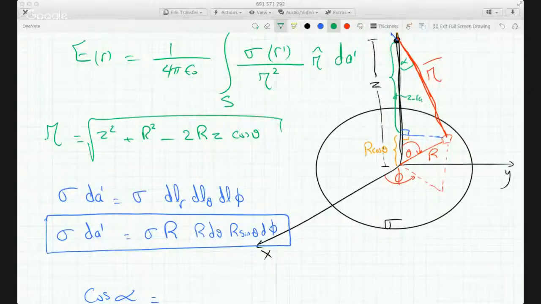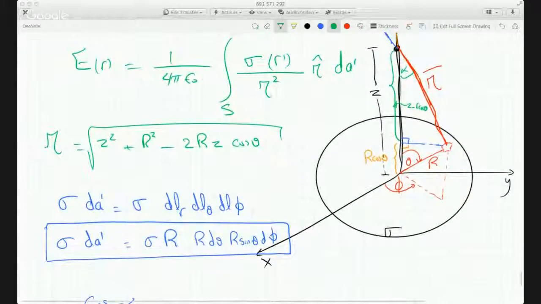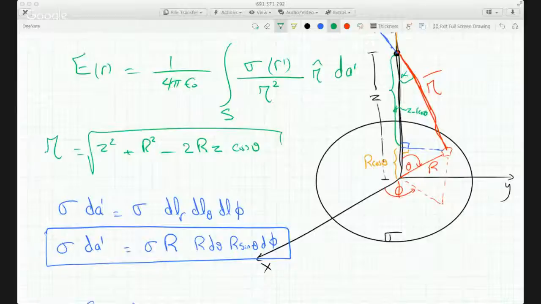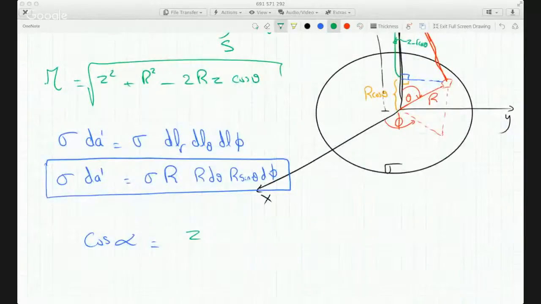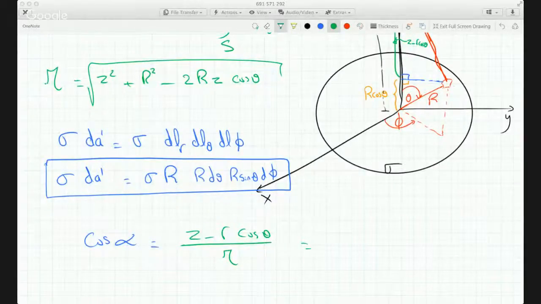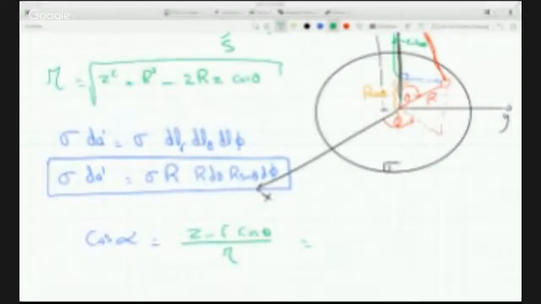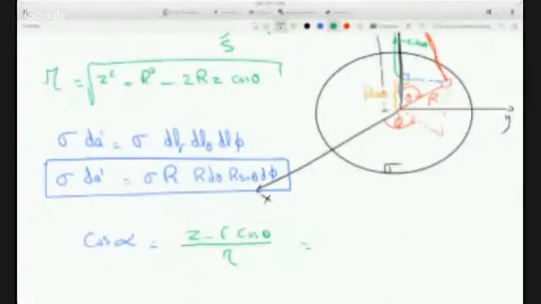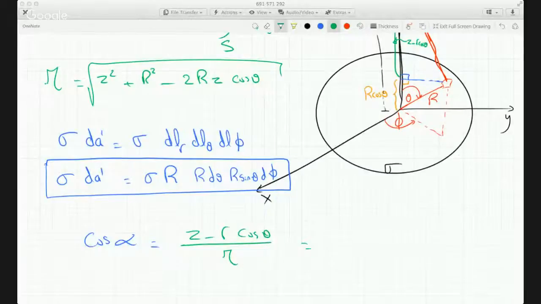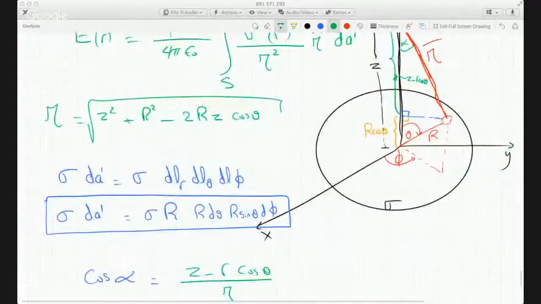So now cosine alpha is z minus r cosine theta over the separation vector. And the separation vector we've already written. Okay, so now we can go to Coulomb's law.